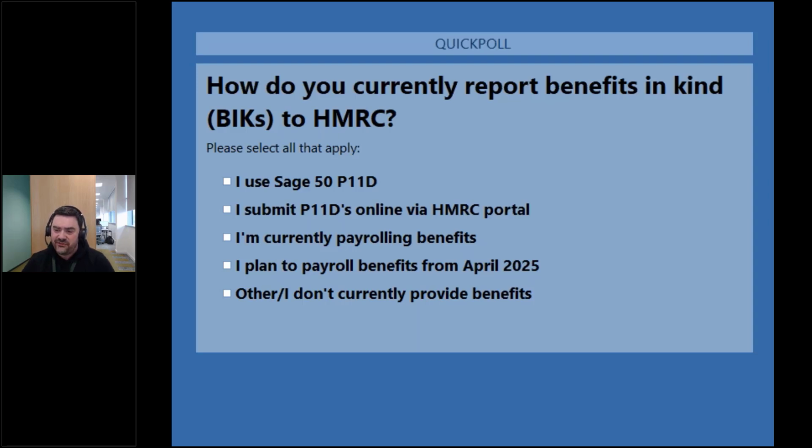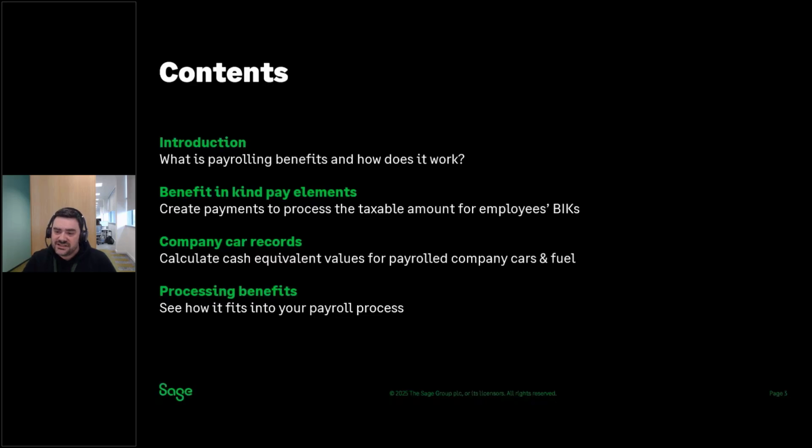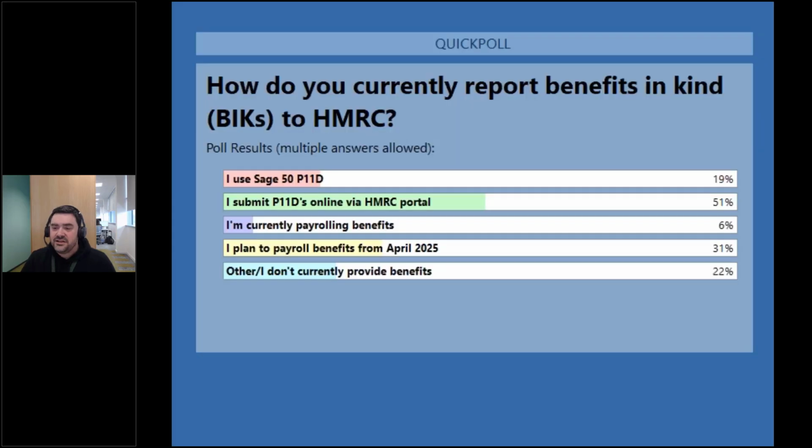So good to see we've had quite a few answers in there. I'm just going to close that down. And for anyone that is interested, I will share the overall results of that poll. So currently, the majority of our audience here are submitting P11Ds online via HMRC's portal. We've got 31% of you who are planning to payroll benefits from April 2025.